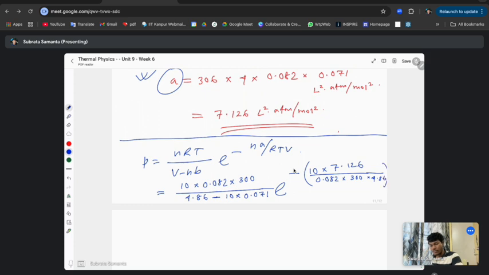This whole thing is the exponential, so e to the power minus this.